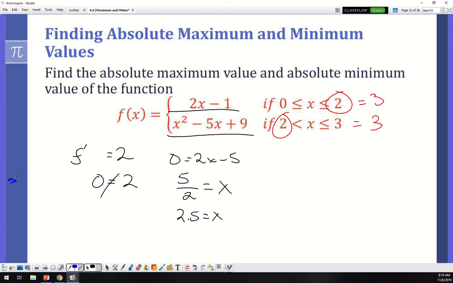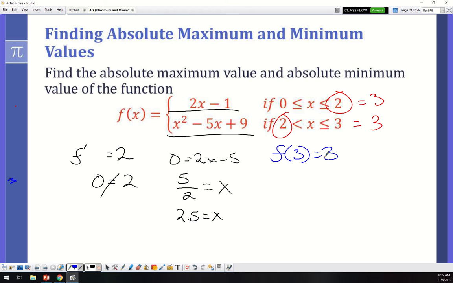So this one is at 3. It's f of 3, and f of 3 is 3. And we said f of 2 is also 3. So that's going to be some weird parabola thing, right?